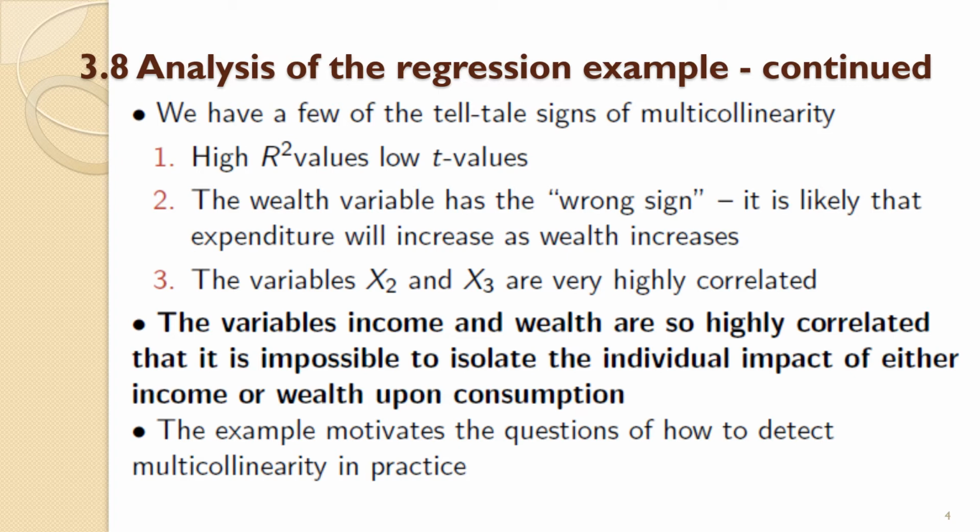Okay, so it is a slightly silly example, but it's intended to serve as motivation for how to detect multicollinearity in a practical problem that's harder and also more interesting.